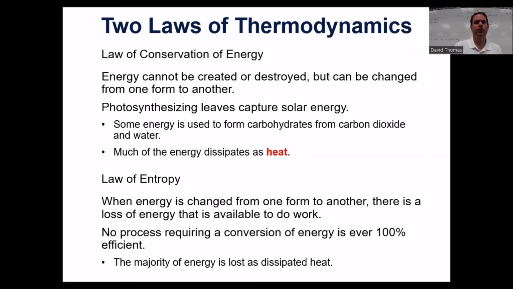The first law here, the law of conservation of energy: energy cannot be created nor destroyed, but instead it changes forms. When we're talking about the energy that our body needs, we take in food energy, and then we need to use that food energy to get the energy our cells need, ATP.